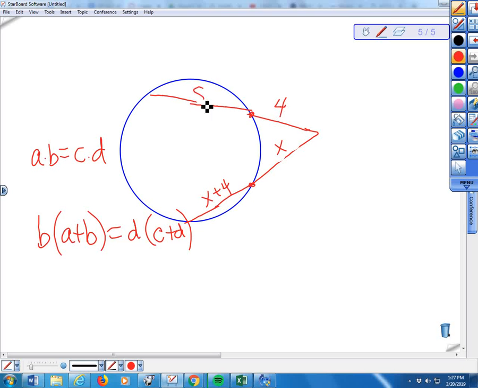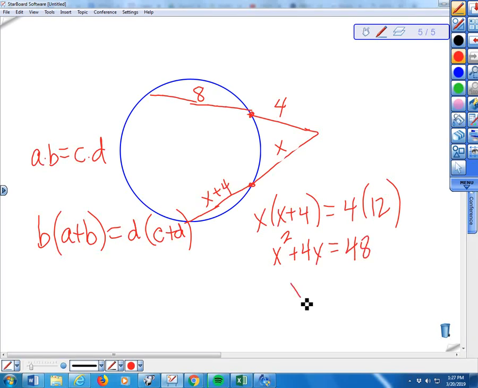I don't know if that'll work or not. Yeah, it should. Okay, so this time I'm going to have x times x plus 4 equals 4 times 12. Right? So I'm going to end up with a quadratic.